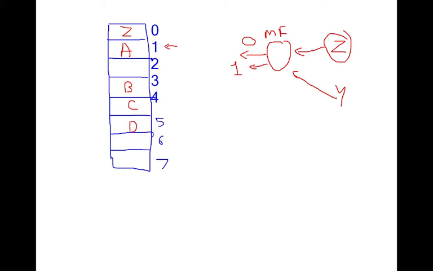So there are certain methods of probing. One of the methods is called linear probing. Now what will you do? This Y was mapped to slot number 1. Okay, you cannot store it here, so you go to the next slot and you see the next slot is free. Okay, now you will store this Y here, right?